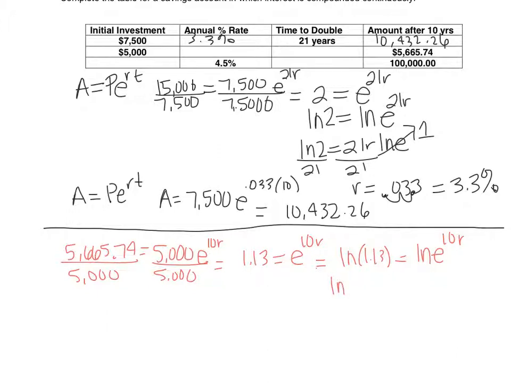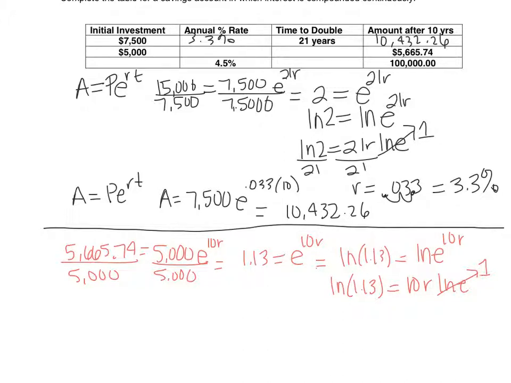So ln of 1.13 equals 10r ln e. My ln e goes to 1. Don't say it cancels. Some of you guys have been saying that the ln(e) cancels. It's not that it cancels, it's that the whole ln(e) goes to 1.